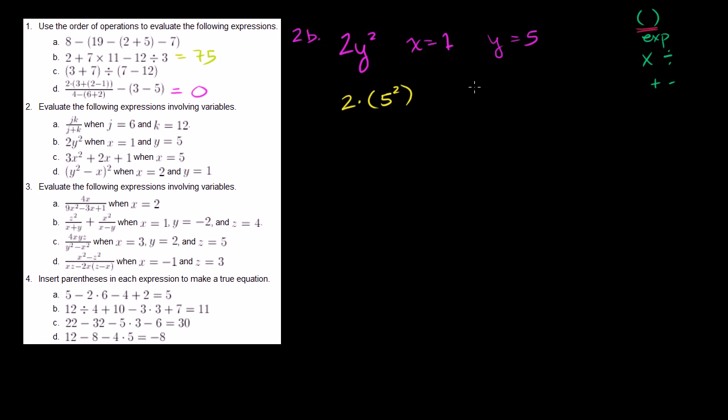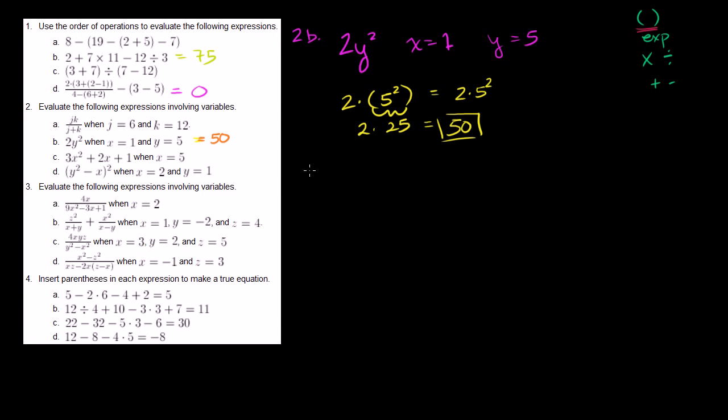If you look at the order of operations, exponents take priority over multiplication. That's why in my head I just automatically put those parentheses. We're going to do the exponent first. So this is 25. So you get 2 times 25, which is equal to 50. And so 2b is equal to 50.